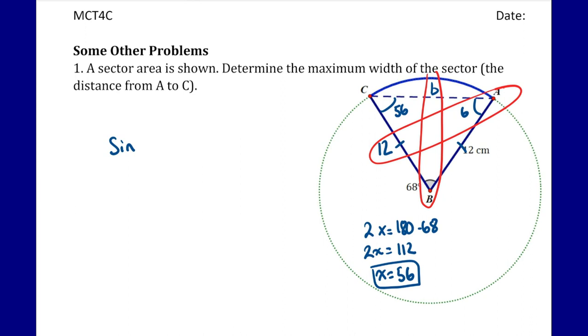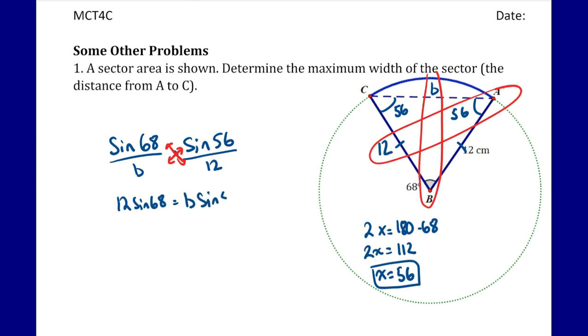So sine 68 over b is equal to sine 56 over 12. We can go through and solve for the unknown. So we cross multiply first. So 12 sine 68 equals b sine 56.